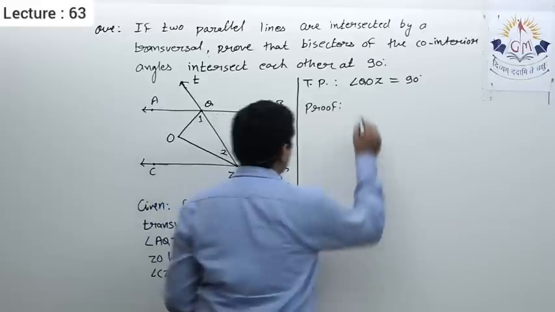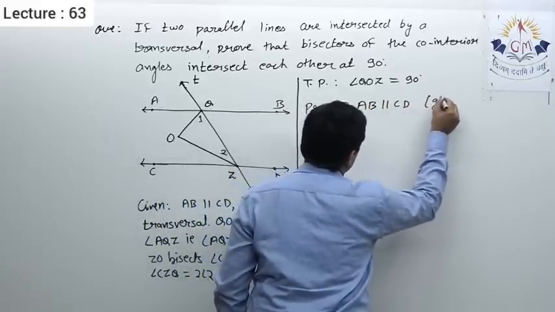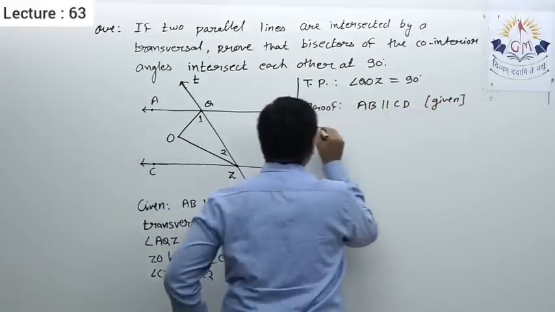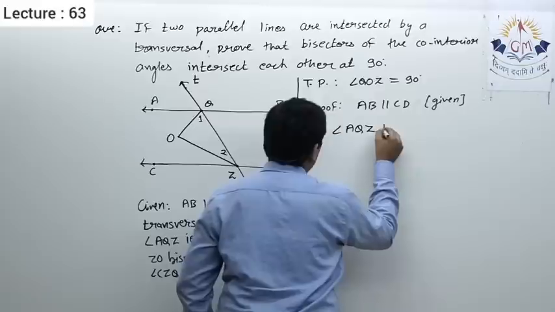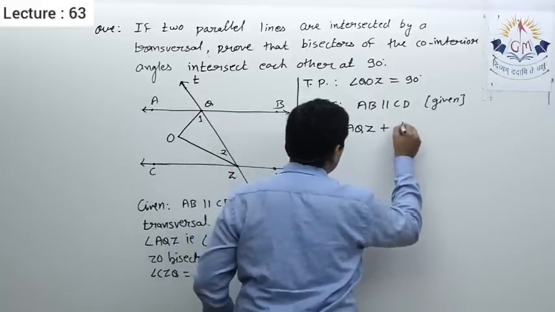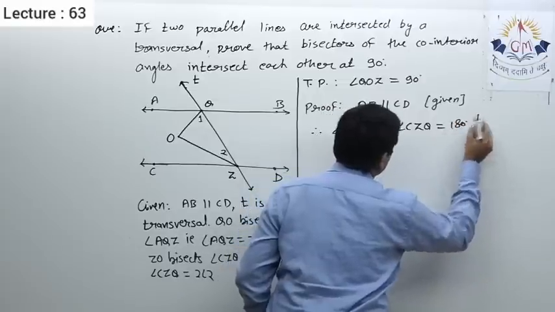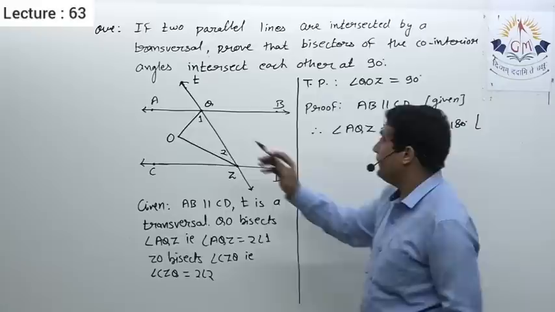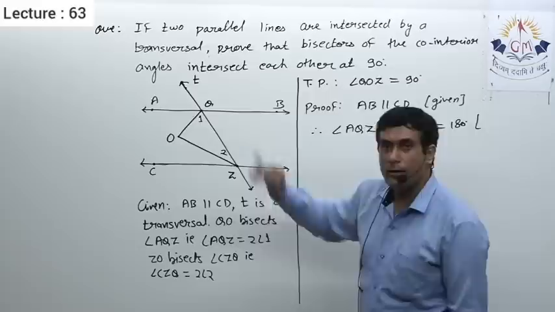Okay, see, it is given AB parallel CD, so I can say therefore angle AQZ plus angle CZQ is equal to 180 degree. Reason, co-interior angles. We know if a transversal intersects two parallel lines, then co-interior angles are supplementary.